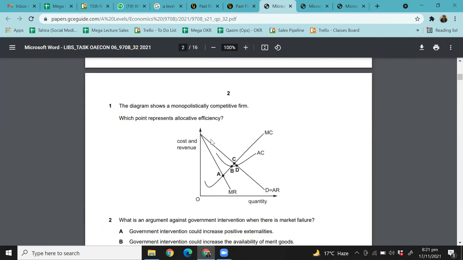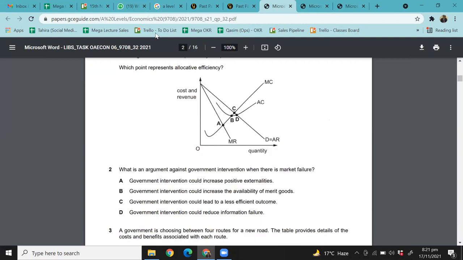Okay, next question. What is an argument against government intervention when there is a market failure? A, government intervention could increase positive externality. B, government intervention could increase the availability of merit goods. C, government intervention could lead to a less efficient outcome. D, government intervention could reduce information failure.